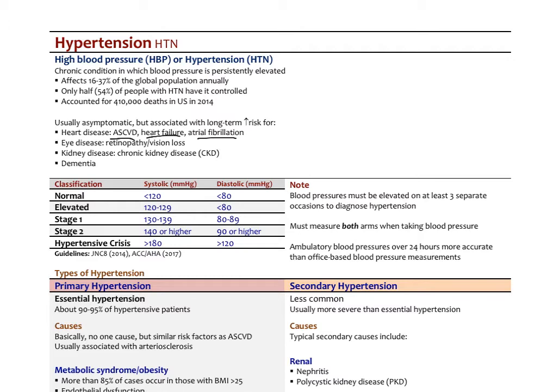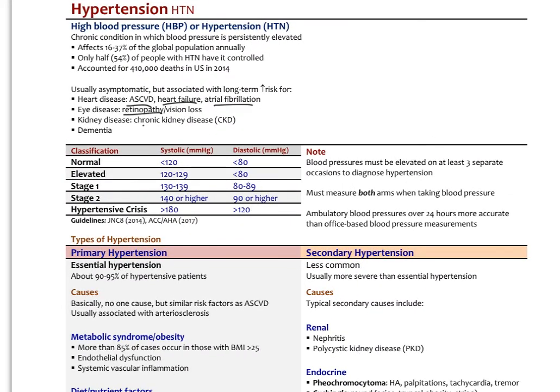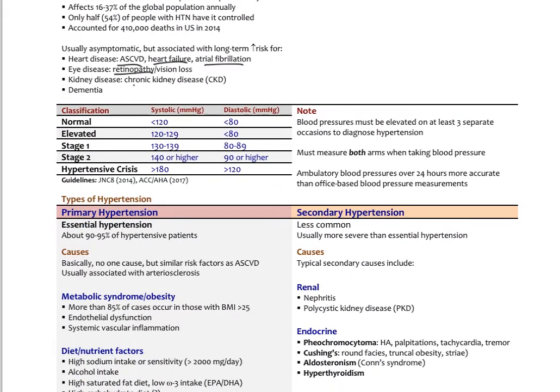So with time, the high blood pressure and the changes that it causes in the arterioles leads to retinopathy and vision loss. It can damage the kidneys, resulting in chronic kidney disease, as well as dementia, and that's the changes in the central nervous system. So those are some of the complications as to why we're concerned about high blood pressure, and I'll go through that list in more detail in just a moment here.